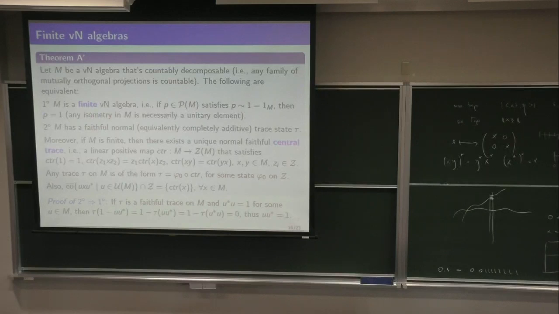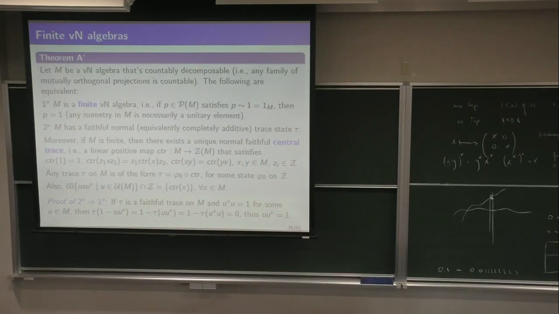That is a map from M to the center of M, which, remember, if you had a factor, would be the scalars. It's a positive linear projection onto Z(M), and it's Z(M)-bimodular, so it pulls out central elements: the central trace of Z1 x Z2 is Z1 times the central trace of x times Z2. The central trace of xy equals the central trace of yx, so it has the traciality property.